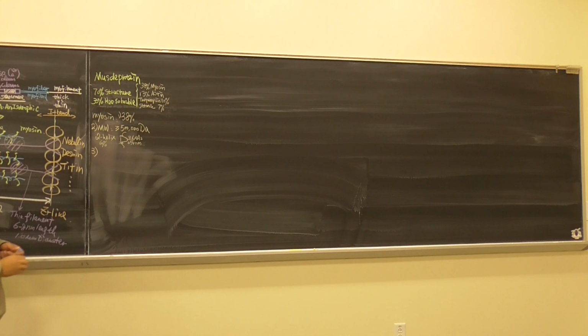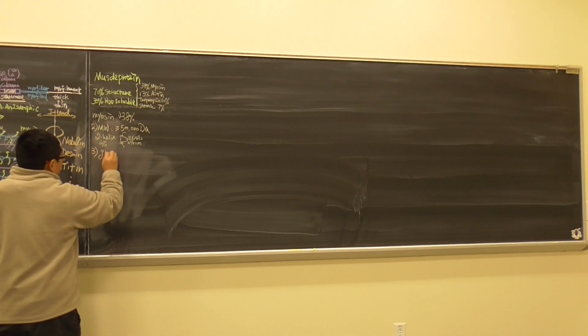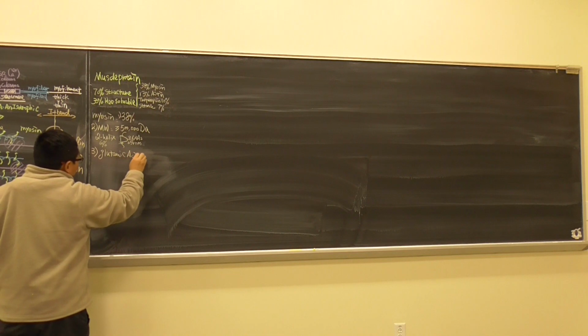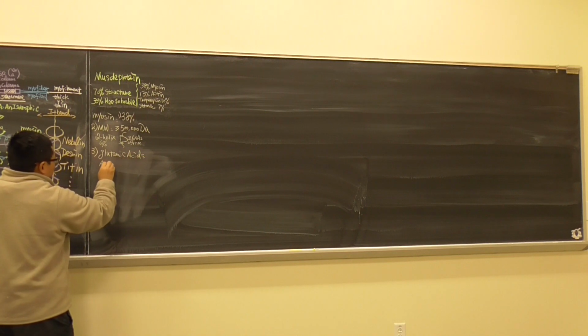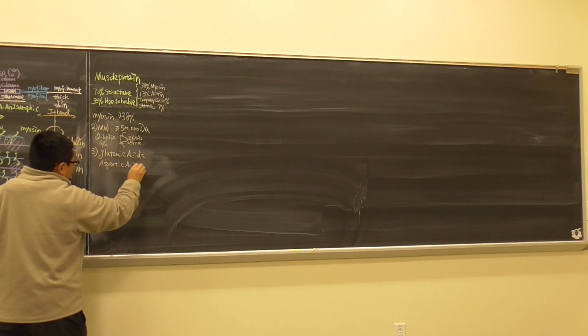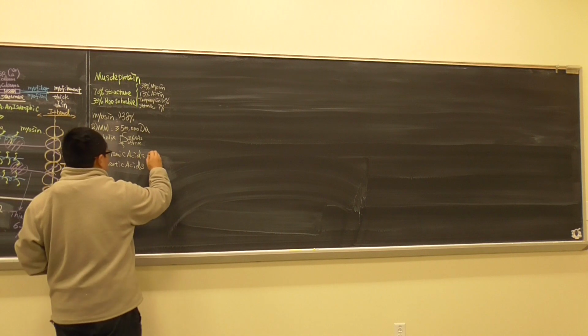Then, what are the major amino acids of myosin? Glutamic acid and aspartic acid. And you should know about these already.